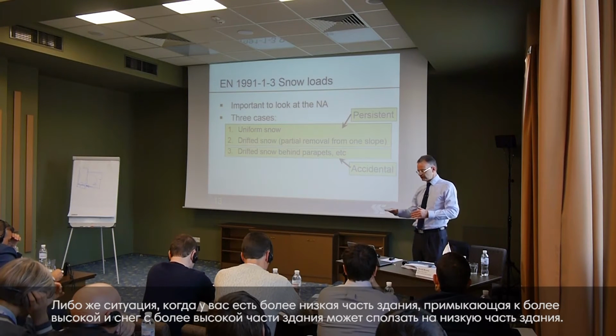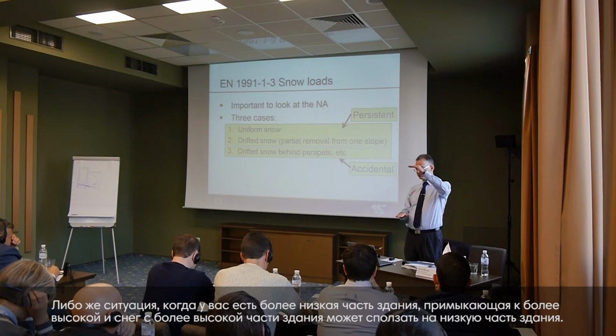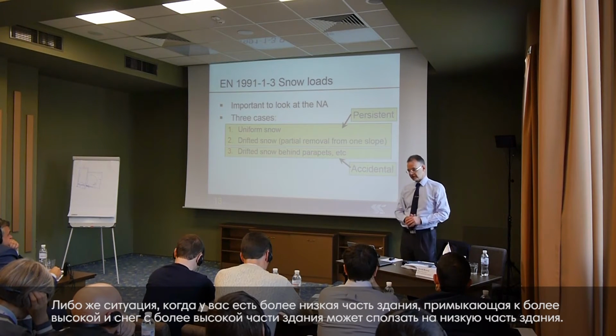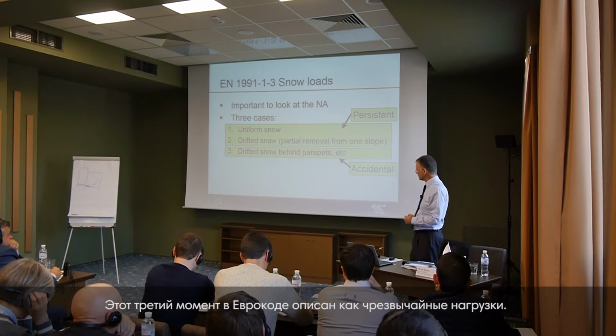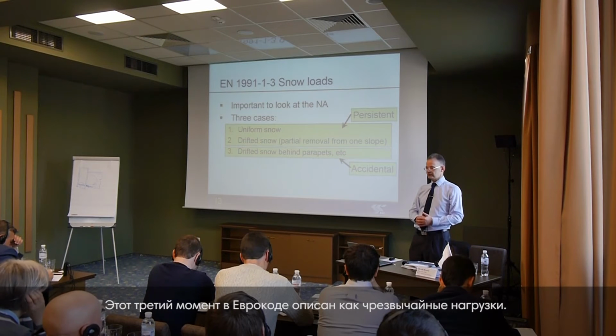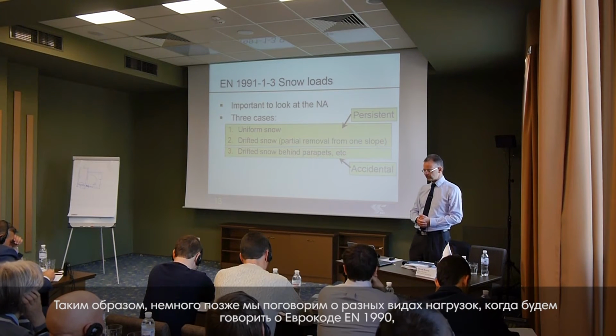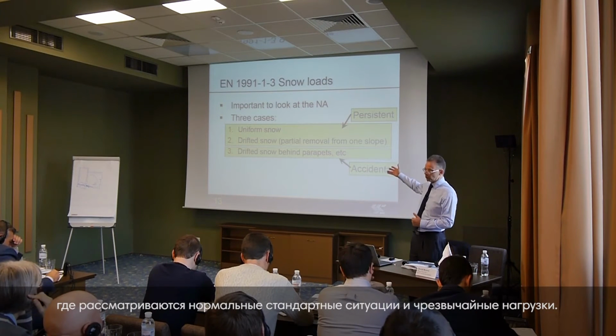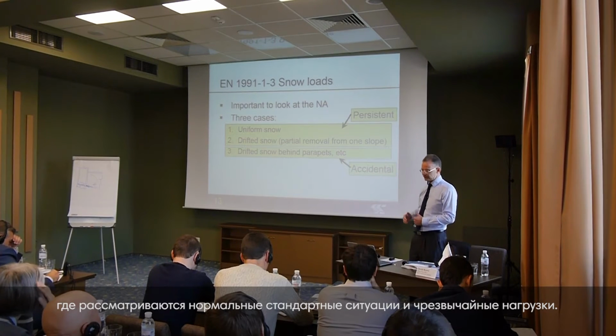Or perhaps if you had a low building adjacent to a tall building, snow can blow off the tall building onto the lower building. Those situations are described in the Eurocode as an accidental load case. So there are different rules, which we will see later on when we come to EN 1990, that deal with the normal cases, number 1 and 2 on this slide, or the accidental case.